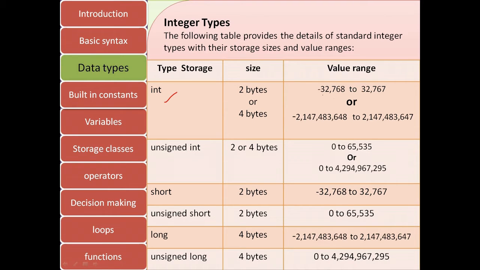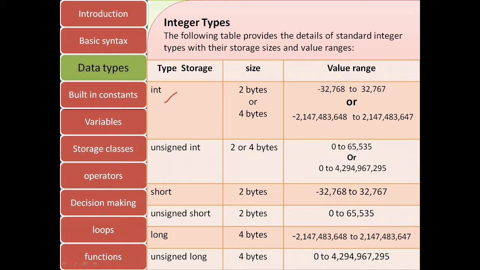And it's similar to 4 bytes. For 2 bytes it is 2 to the power of 16 values, and for 4 bytes it is 2 to the power of 32 values. And 2 to the power of 32 will give us 4,294,967,296.